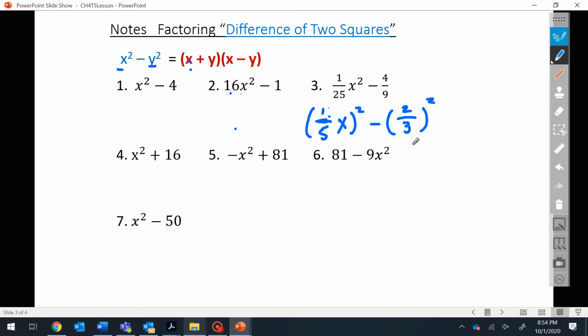So the factored form would be 1/5 x plus 2/3 times 1/5 x minus 2/3. And if you distributed, you would get back to 1 over 25 x squared minus 4 over 9.